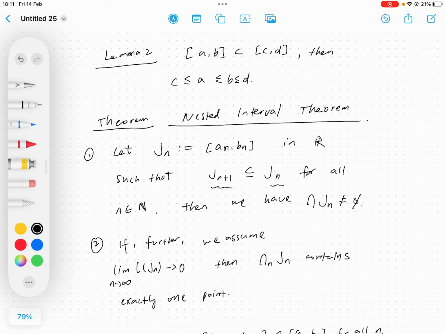It's not empty, and we also further show that if the length goes to 0, then the intersection contains exactly 1 point. This is a very useful and interesting argument, and might be useful for some analysis that we might see in our studies, right? Okay, good. So that'll be everything for this episode.